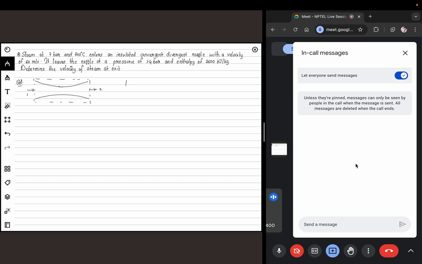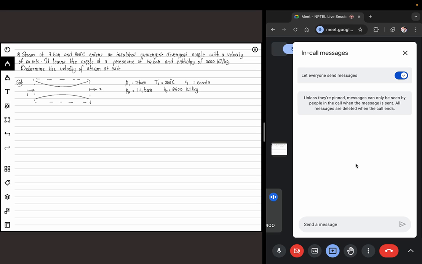It is given that the entering pressure is 7 bar and T1 is 200 Celsius, velocity 60 meters per second. It leaves the nozzle at a pressure of 1.4 bar, and the final enthalpy is also given. You need to determine the final velocity.